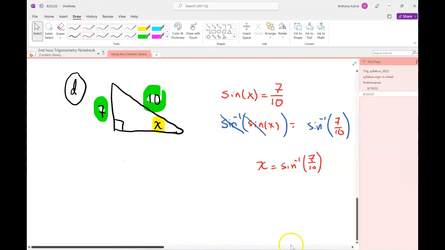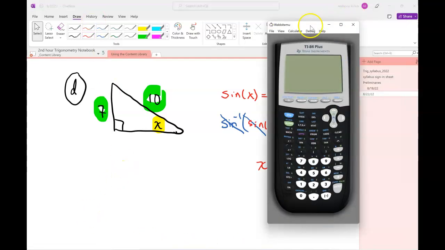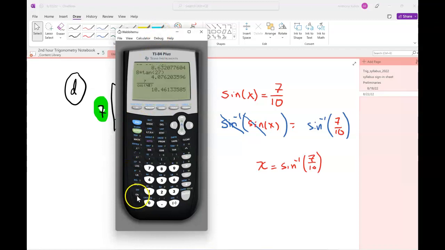All right, so now it's calculator time. To get the sine inverse, how do I get that on my calculator? Second, and then the sine button. Very good. Back to your calculator where it says the same thing. You can do the fraction thing if you'd like.